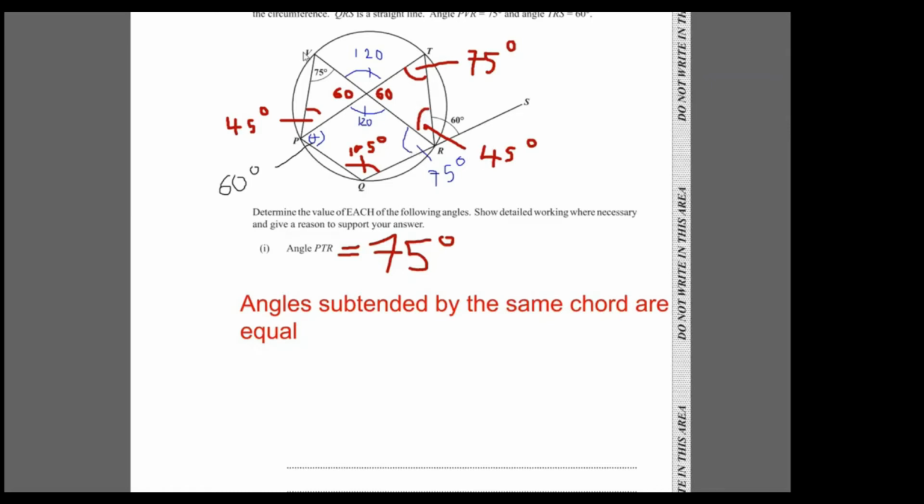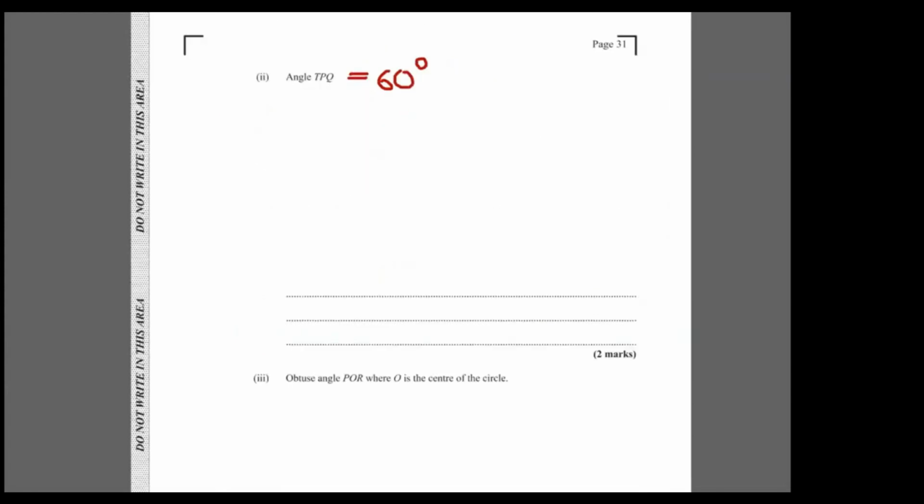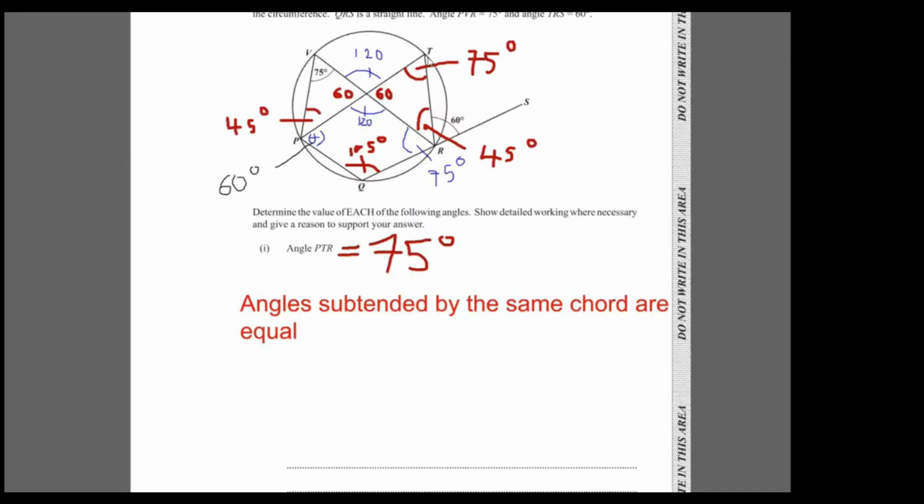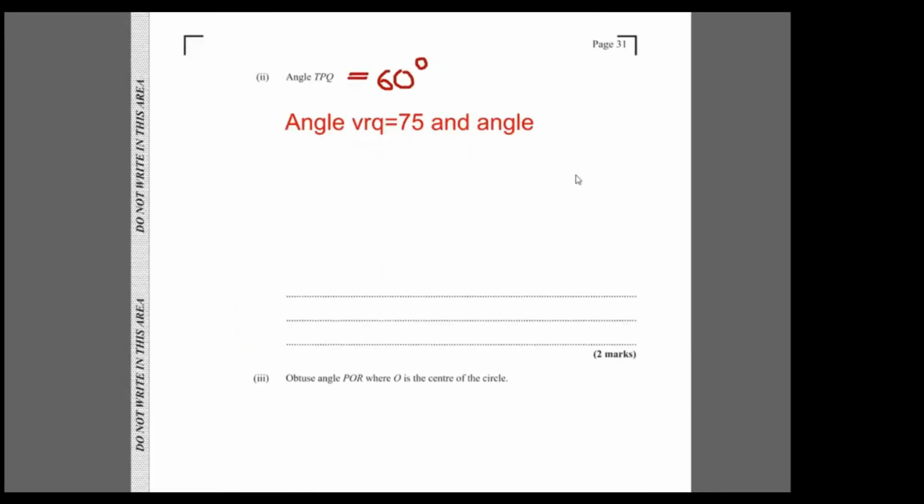So tell them that angle VRQ equals 75 and angle TRV equals 45. All right, we're not done yet.